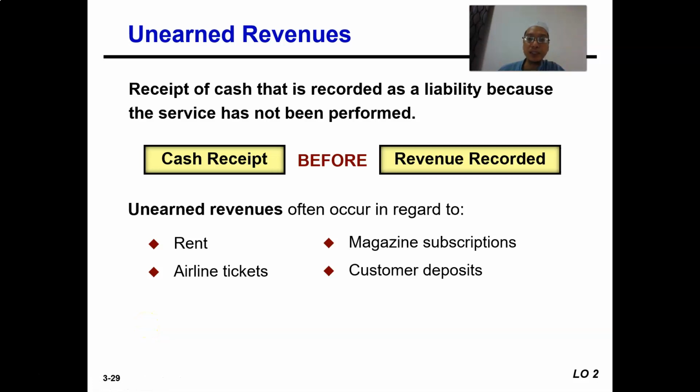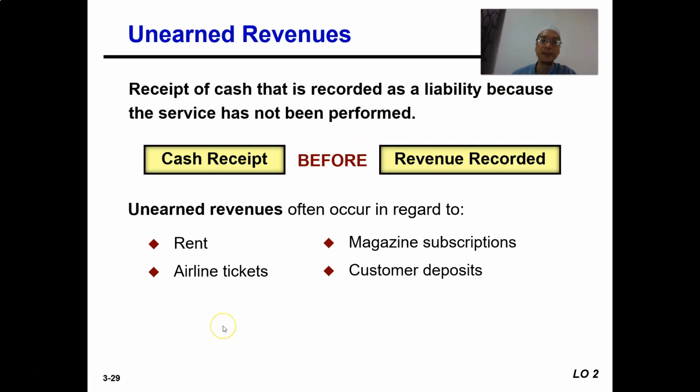The second part of the deferral adjustment will be the unearned revenues. We have shown before deferrals that come because of prepaid expense, but the other type of deferral is unearned revenue. We have not done the work, but our customer has paid some money for our work which has not been done. So that is called unearned revenues. We receive cash that is recorded as a liability because the service has not been performed.